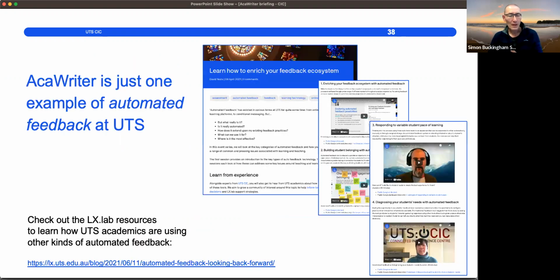And just as a broader context, AcaWriter is just one of the automated feedback tools that we have developed here in the Connected Intelligence Center. And there's a whole set of LX Lab sessions that you can replay on that link, which allow you to look at how these different feedback tools can fit into the different kinds of questions you might have.